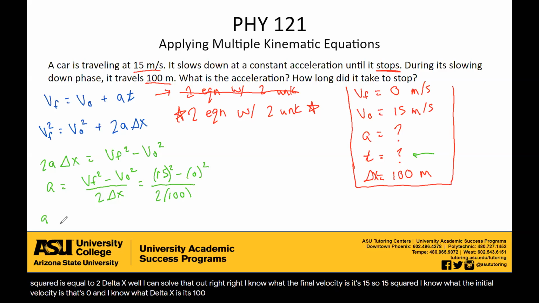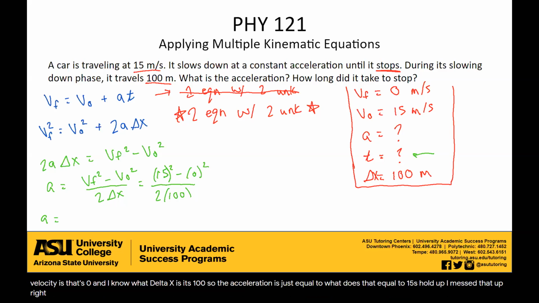So the acceleration is just equal to... hold up, I messed that up. My final velocity isn't 15. My final velocity is 0, so I had these flipped.